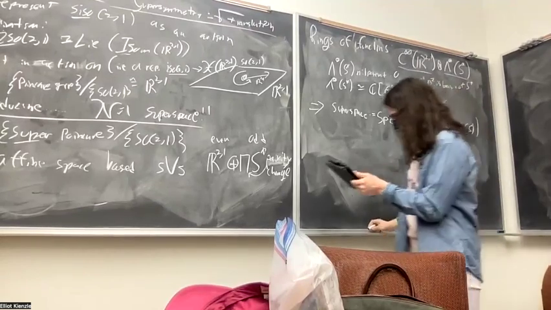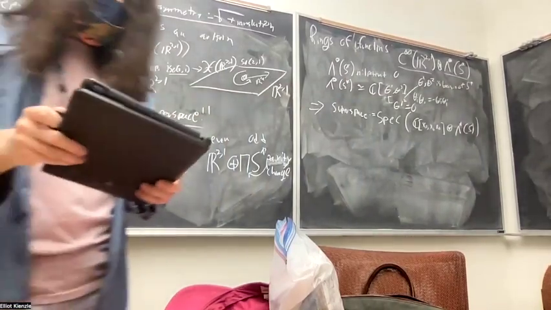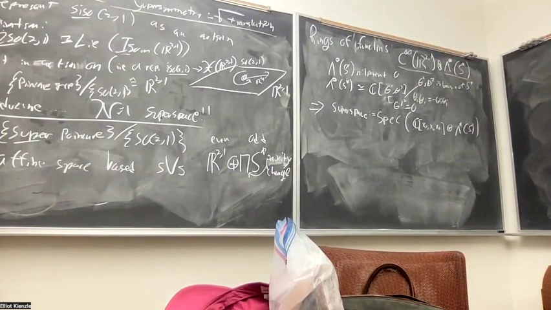Cool. So what does this look like? Here's how we can think about it. John, what do you mean by spec here? Because spec is traditionally only defined when things are commutative. Is that true?